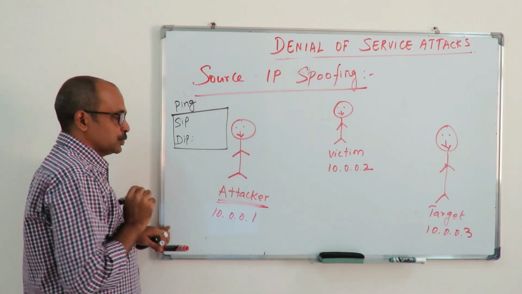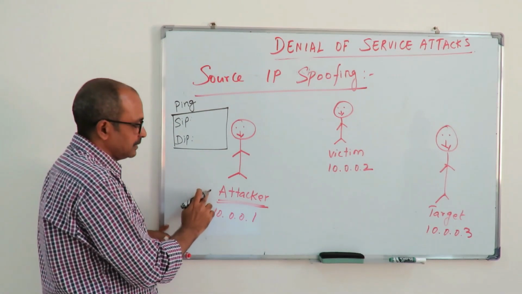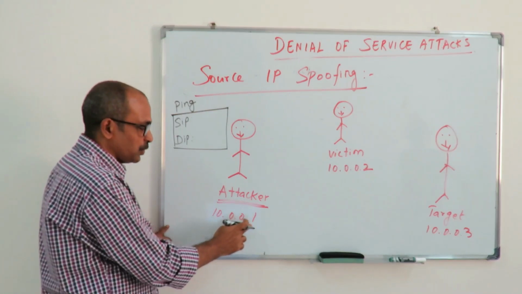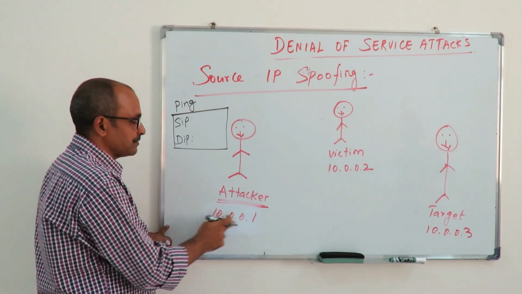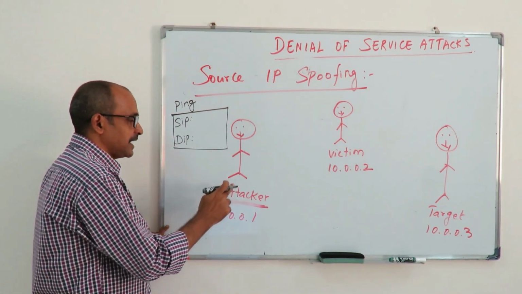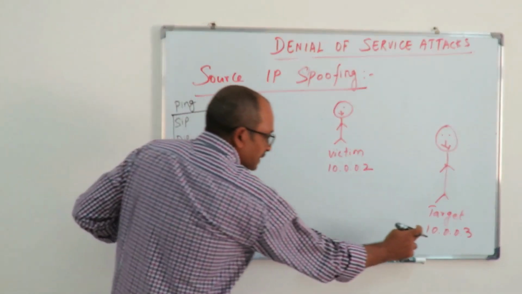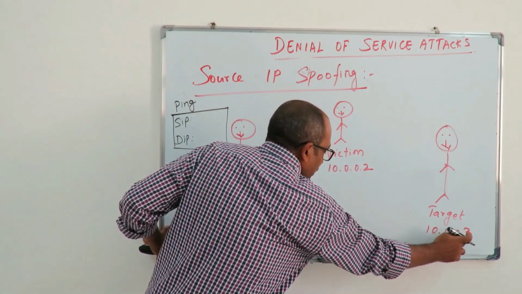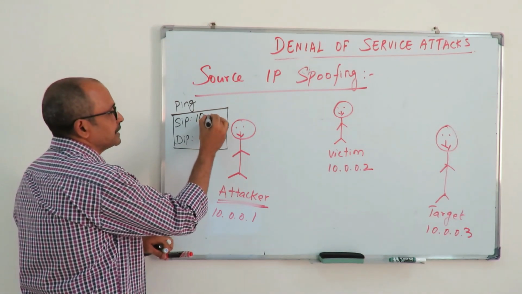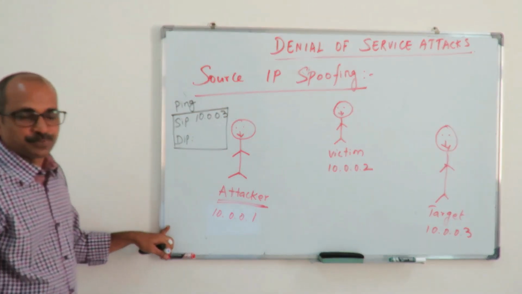The attacker is creating the packet, but he is not going to give his own IP address 10.0.0.1. Instead, he is going to give somebody else's: the target IP address, 10.0.0.3. This is the source IP address.